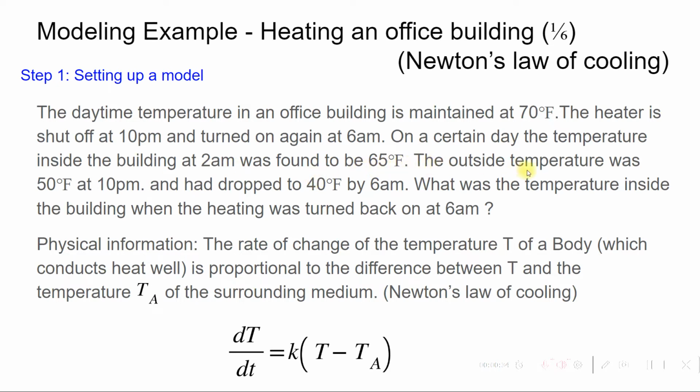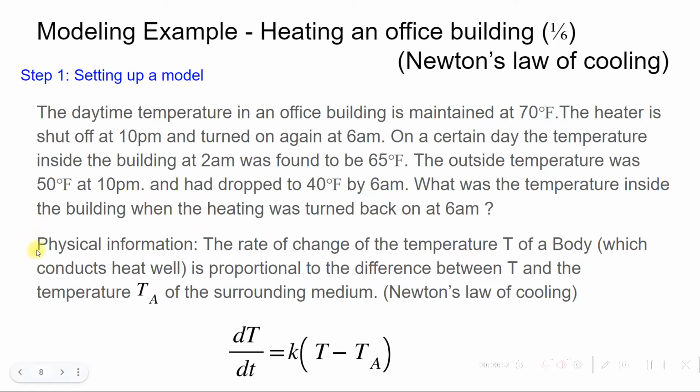The outside temperature was 50 degrees Fahrenheit at 10 p.m. and had dropped to 40 degrees Fahrenheit by 6 a.m. What was the temperature inside the building when the heating was turned back on at 6 a.m.?